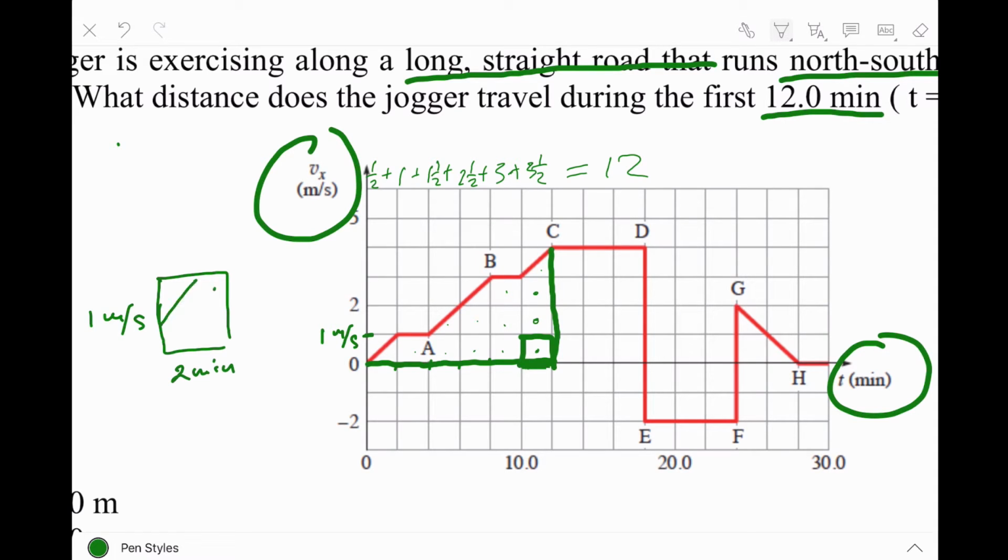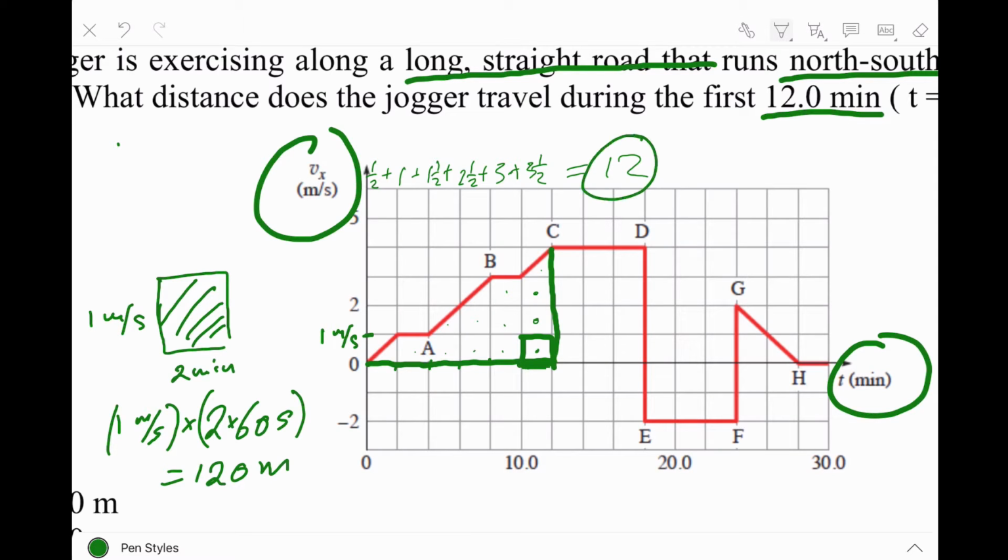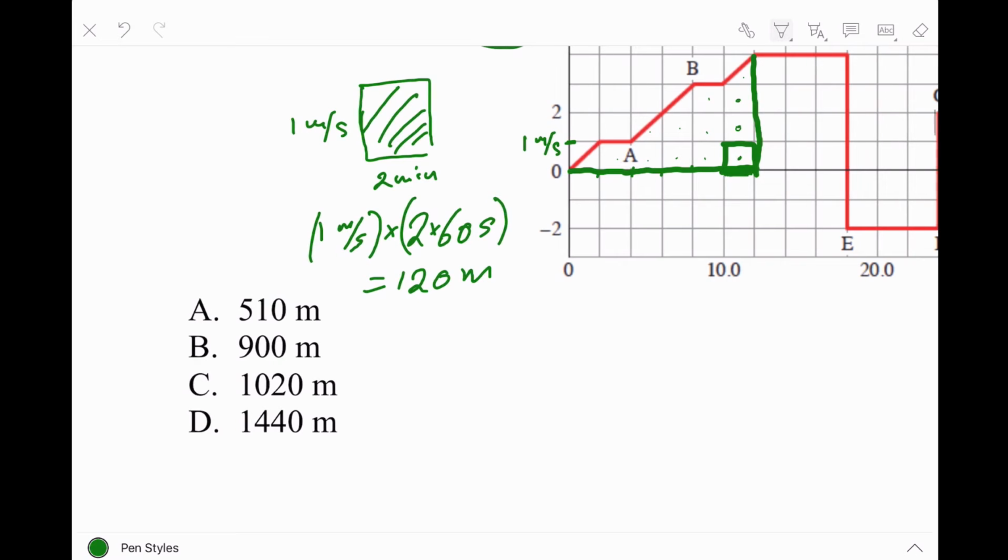Now, when you multiply this, it's not right because they are not SI, so you have to convert the area of each square into meters. All you need to do is 1 meter per second multiplied by 2 multiplied by 60 seconds. So you got 120 meters. What it means is each square in this graph represents 120 meters. Because you have 12, your total number is D. So this is the way you count.